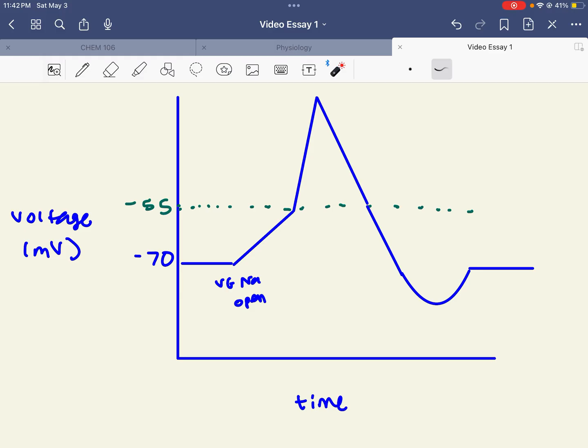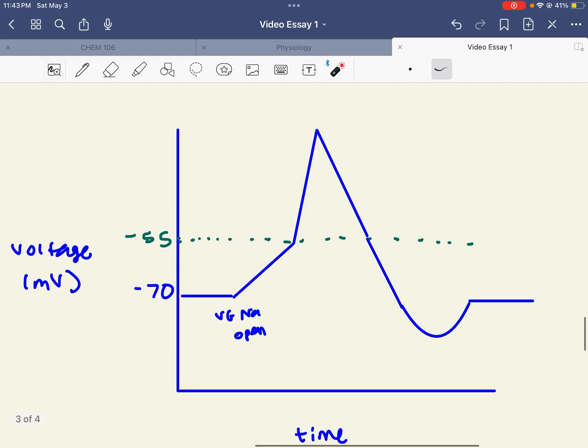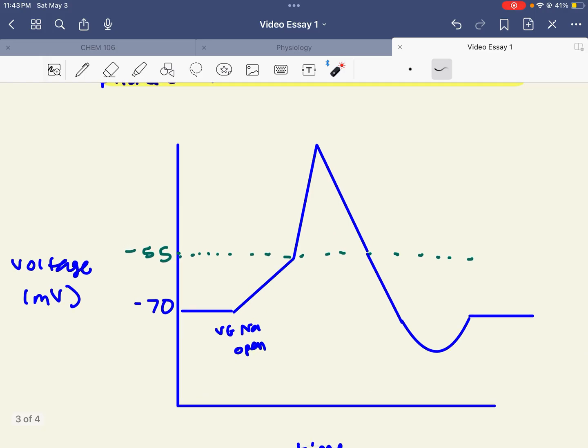Sodium rushes in, causing more positive charges in the cell, causing the voltage to become more positive. So this is what this slope is. It's becoming more positive. Once it hits threshold, right here, the voltage-gated channels open, and then we start to peak.